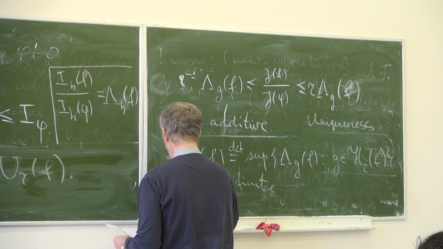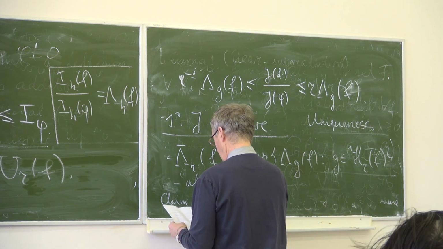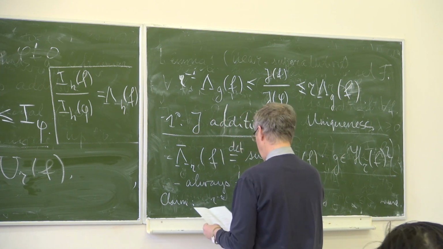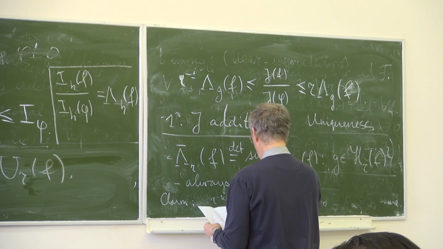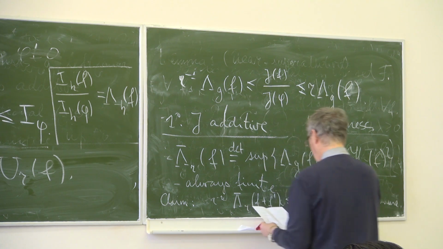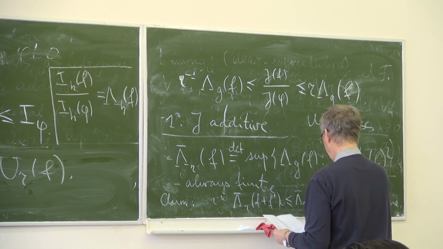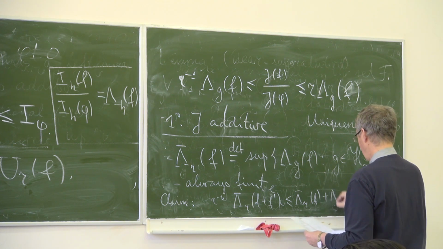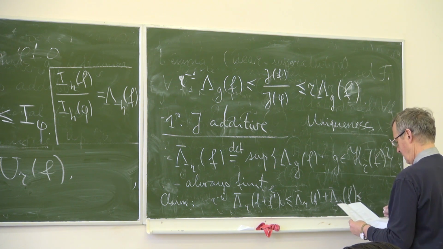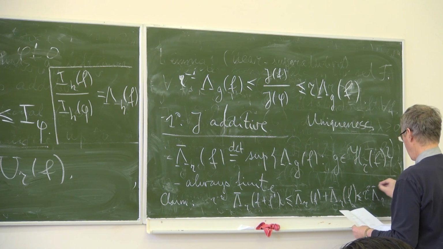Now we claim the following, that for every test functions, r to the power minus 1 lambda r bar of f plus f prime is less than or equal to lambda r bar of f plus lambda r bar of f prime, and again it is less than or equal to r squared lambda r bar of the sum.